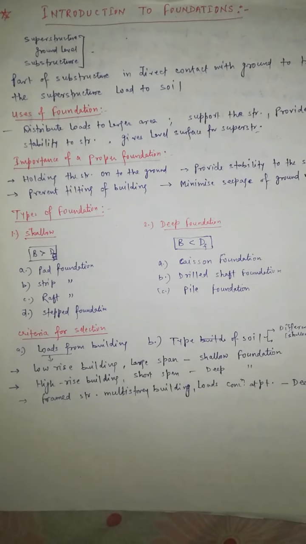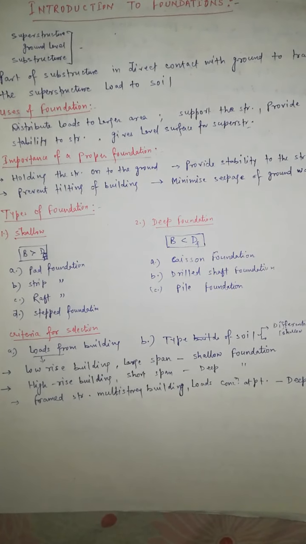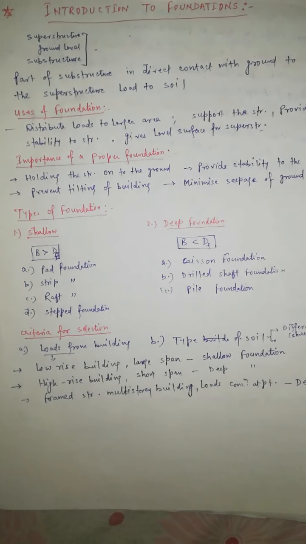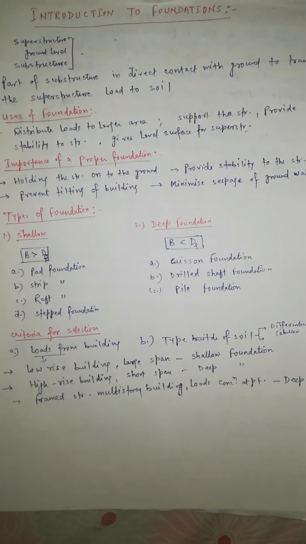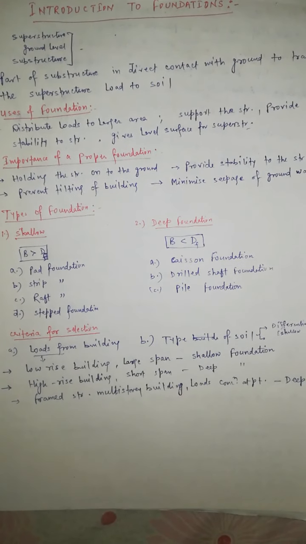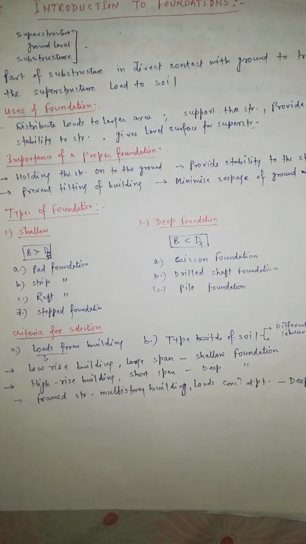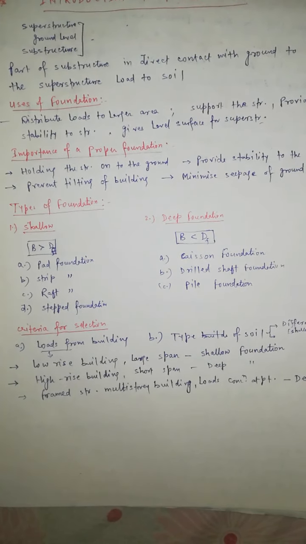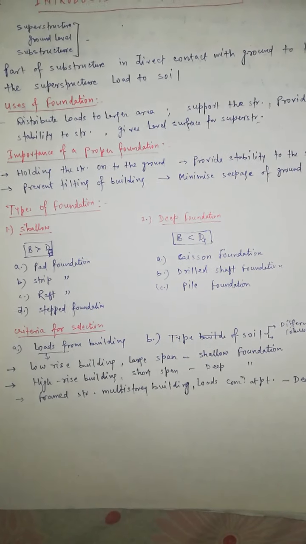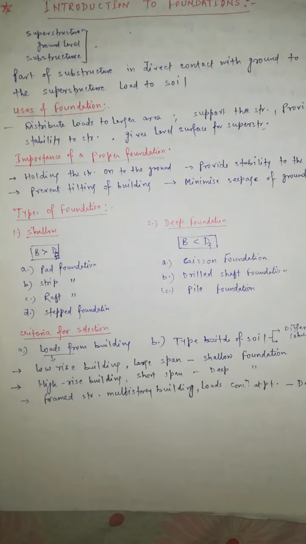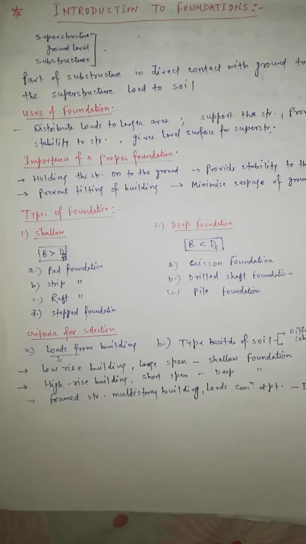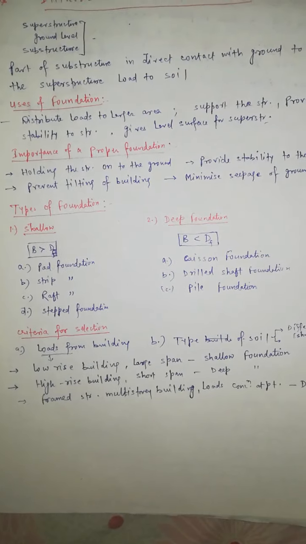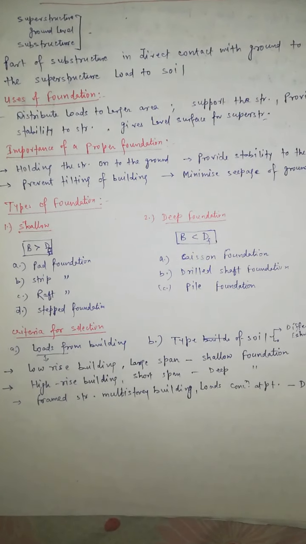Second is calculating anticipated loading, that is, loads from the building, load type, and points of application of load are calculated. Third is choosing foundation type, that is, what the soil condition is, what the incoming loads are, what the structure type is, what the economic and time factors are, and what the construction problems are. Fourth step is designing the foundation, that is, finding the footing area, thickness, material used, and reinforcement detailing.